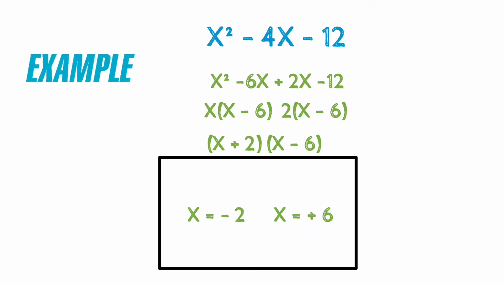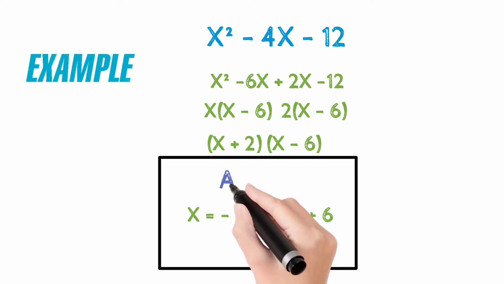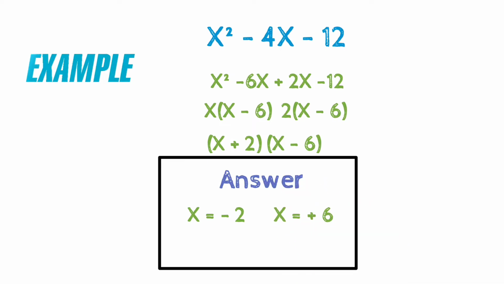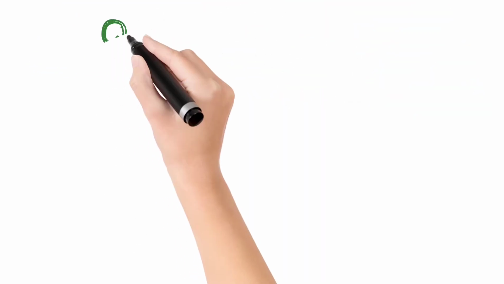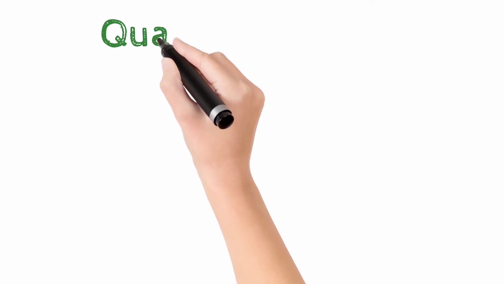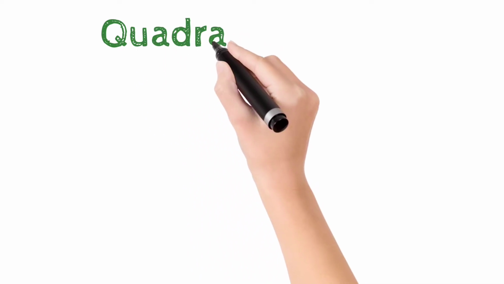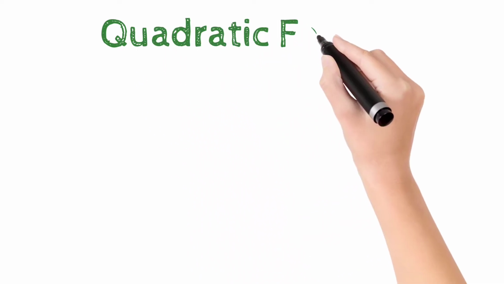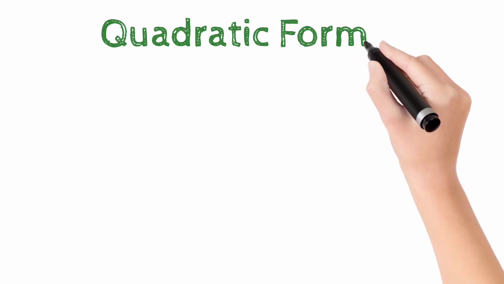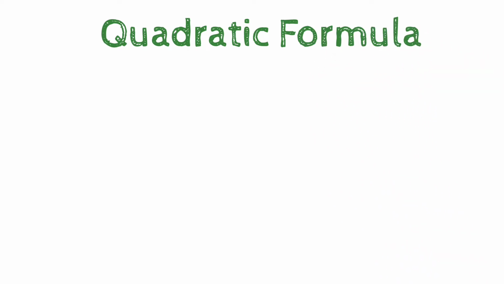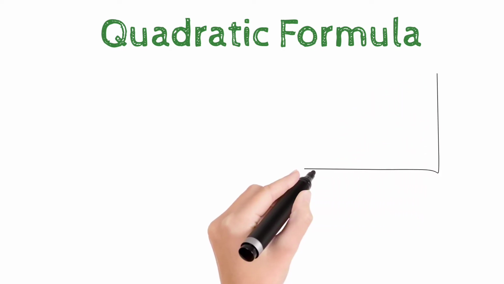Now let's move on to the second method, that is the quadratic formula. This method is a little more complex than that, but it is not that difficult either. Now you will ask, what is the quadratic formula?